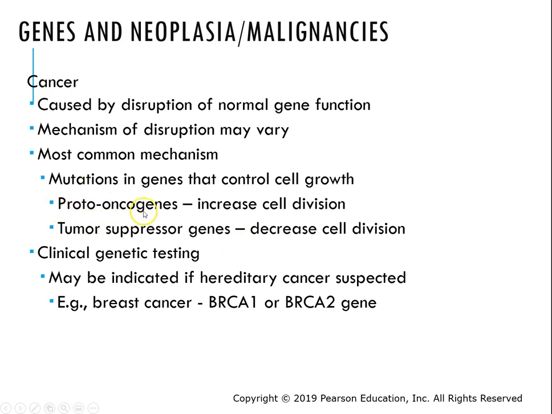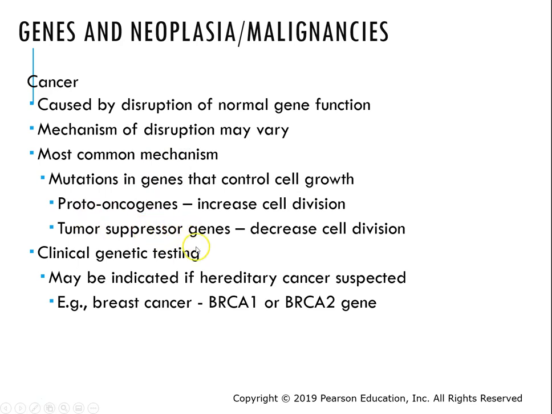Proto-oncogenes are normal genes that everyone has in their genome that are necessary to control cell division. Proto-oncogenes will normally increase cell division, so they're going to cause more cells to be produced. There are many times in your body's lifespan that you want to increase cell division, so these are normal genes.